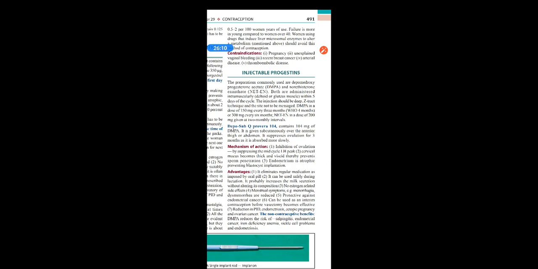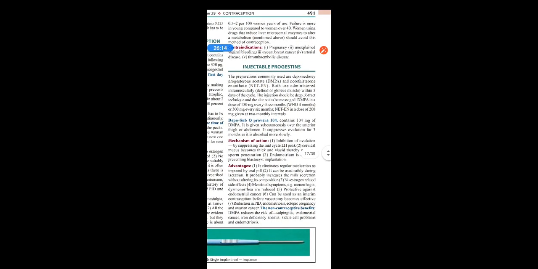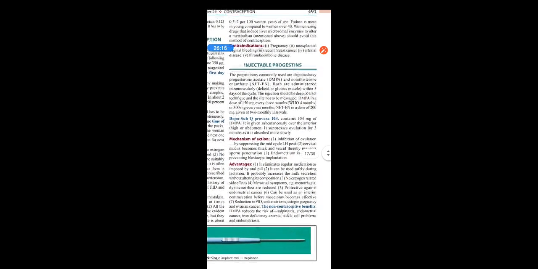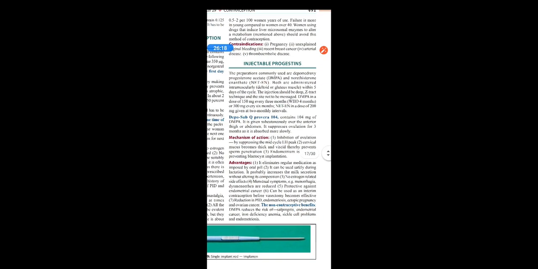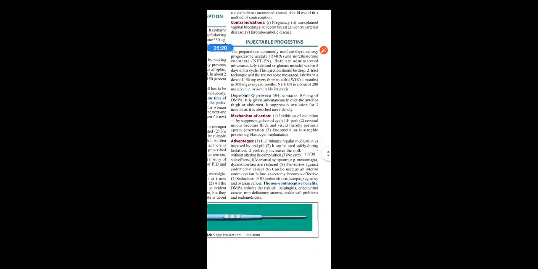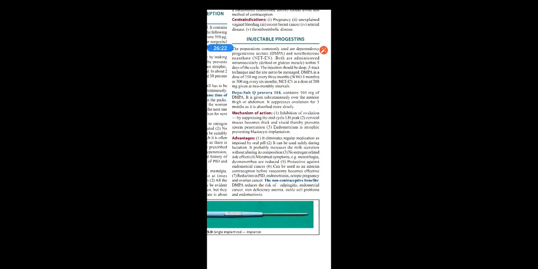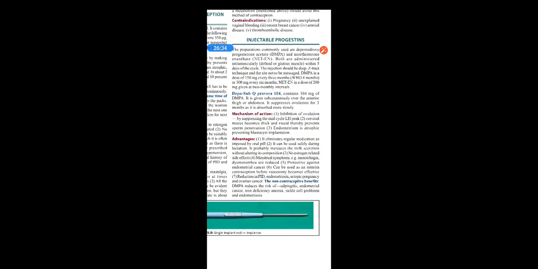Failure is more in the young compared to women over 40. Women using drugs that induce liver microsomal enzymes to alter metabolism should avoid this method of contraception. Contraindications of mini pills are pregnancy, unexplained vaginal bleeding, recent breast cancer, arterial diseases, and thromboembolic diseases.